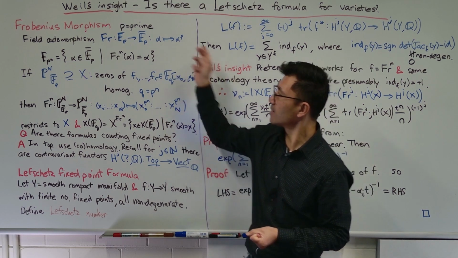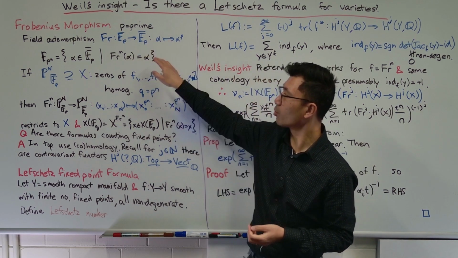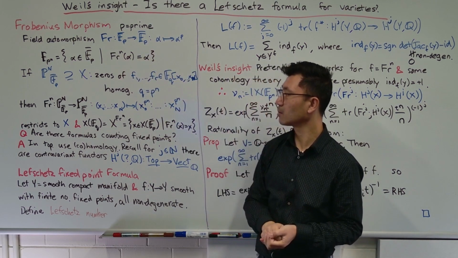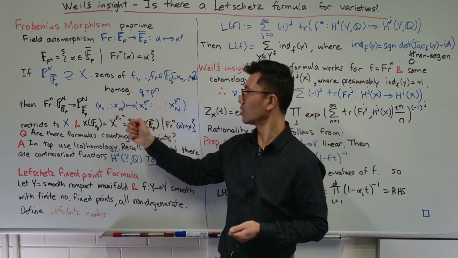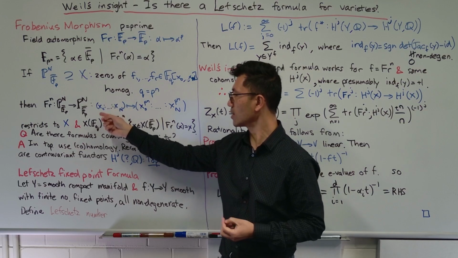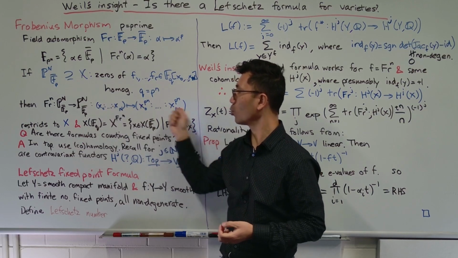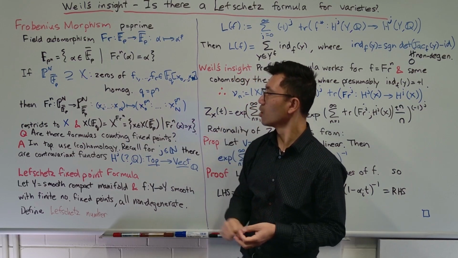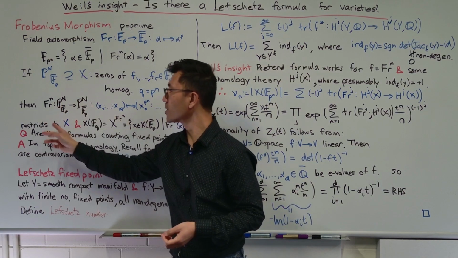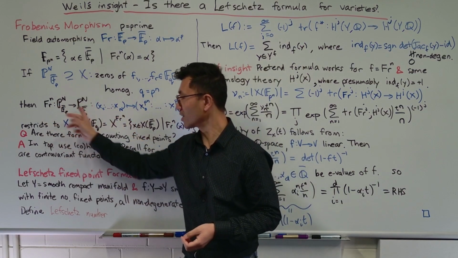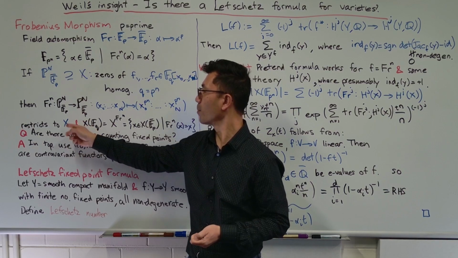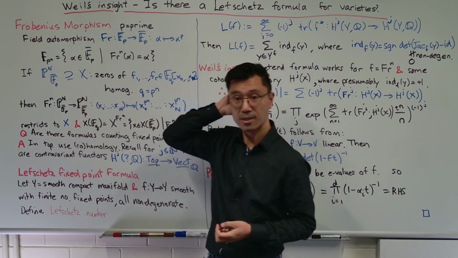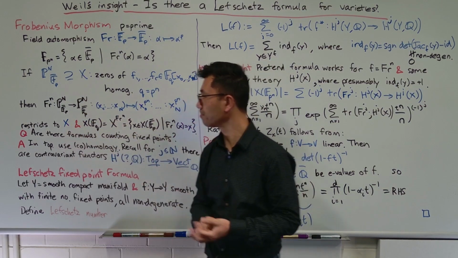And then just as in this case here, what are the fixed points with respect to Frobenius to the n? Firstly, Frobenius to the n will restrict to X. Okay, so why is that?